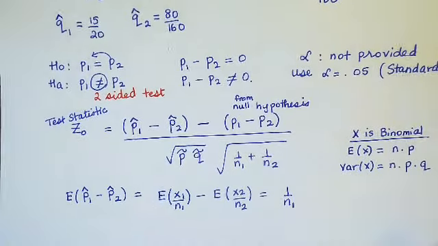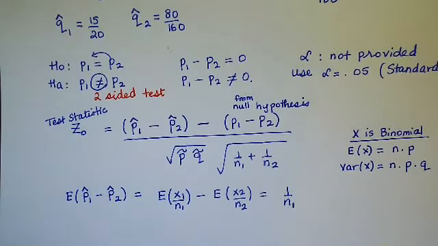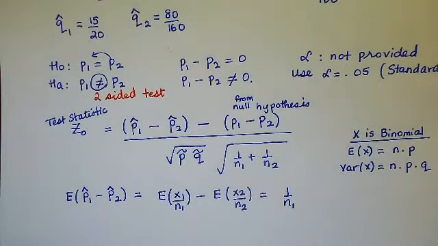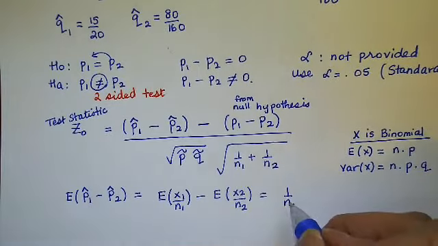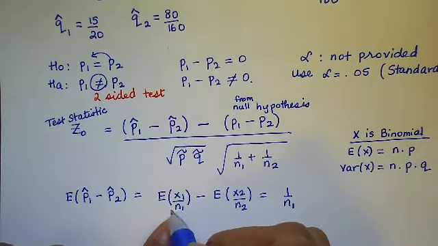We know that. We know x is binomial because this is a bunch of Bernoulli trials where either you experience insomnia or you do not experience insomnia. So we have the right to use mu equals n times p and sigma squared equals n times p times q.